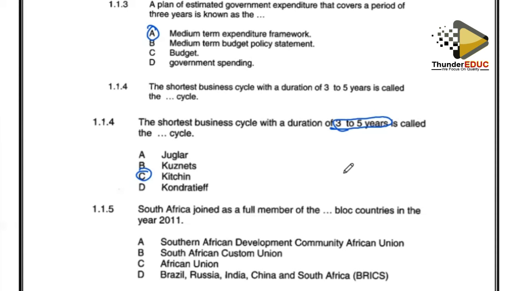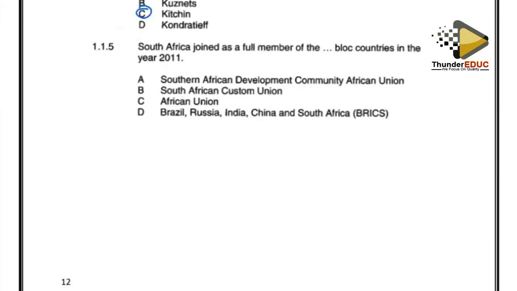Okay, right. Now let's move on to 1.1.5. It reads as follows: South Africa joined as a full member of the BRICS bloc of countries in the year 2011. I know in the year 2011, there was a time South Africa joined BRICS. And even this year, if you still remember, grade 12s, there was a BRICS summit in South Africa, in Gauteng province if my mind serves me well, or was it in Cape Town?